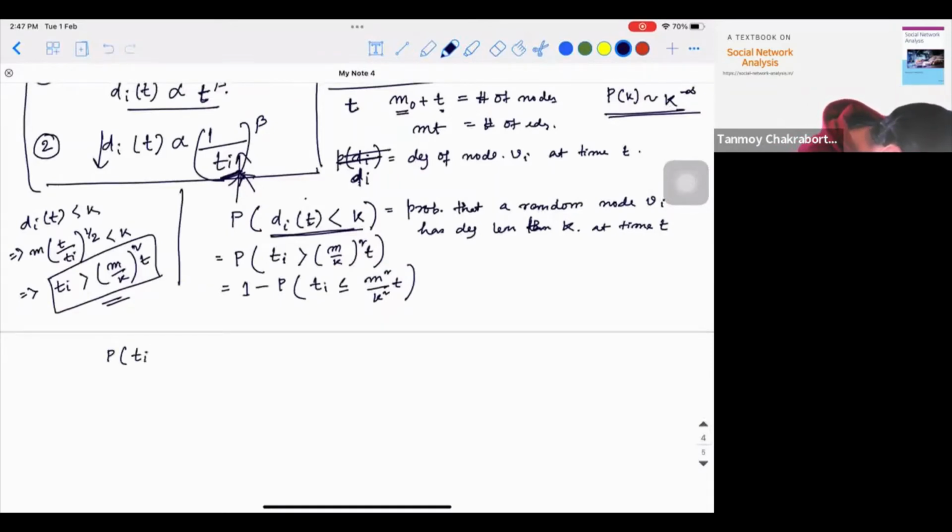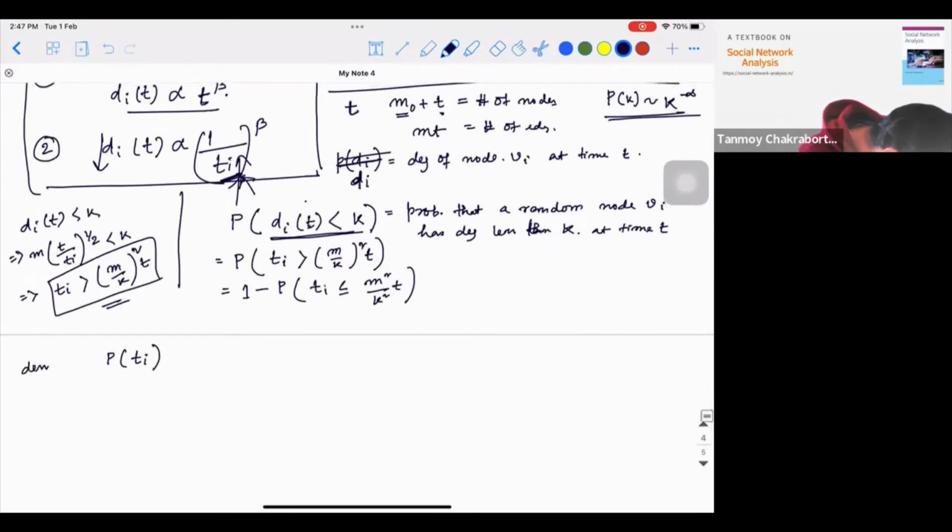What is ti? This is a density function. What is P of ti? Any idea? Probability of a particular timestamp ti.